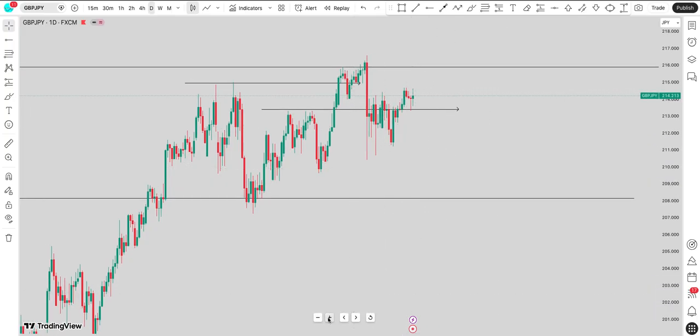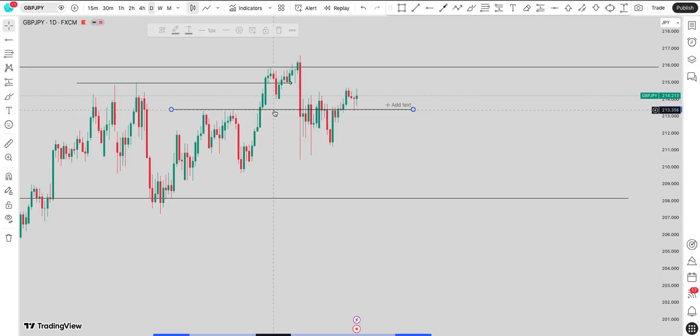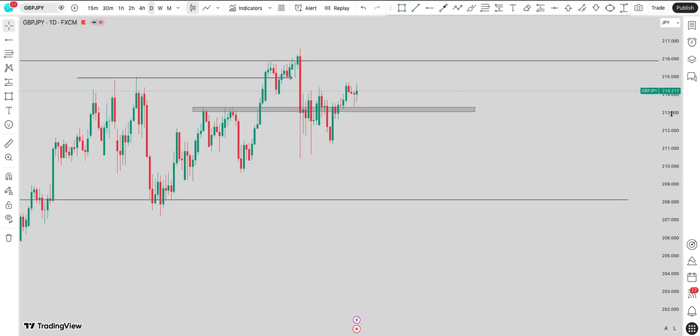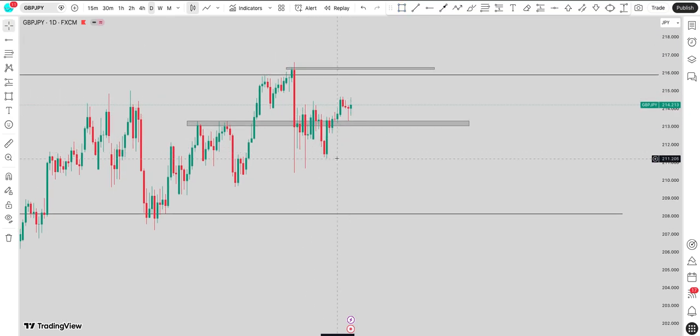Okay, so on the daily time frame, we can see that. Let me remove this line and use a zone. On the daily time frame, we can clearly see now that this is the daily high, and this was that weekly movement we saw previously.